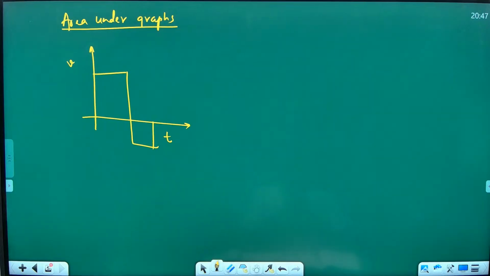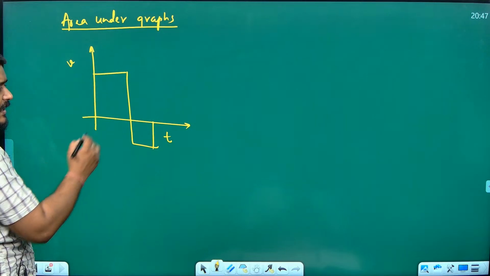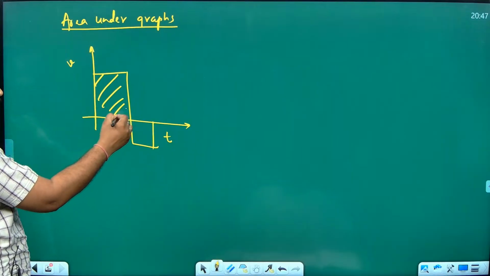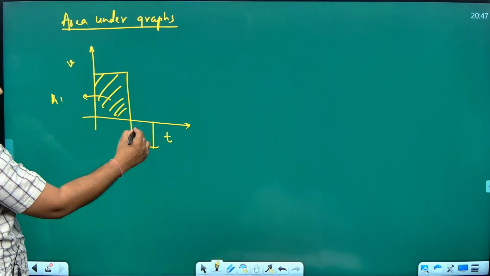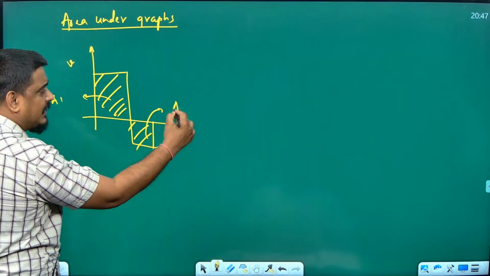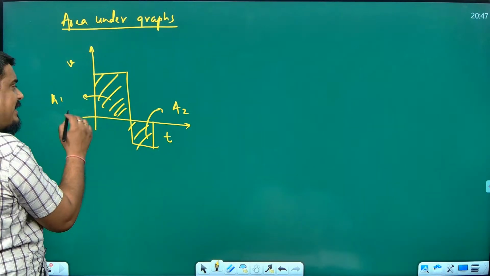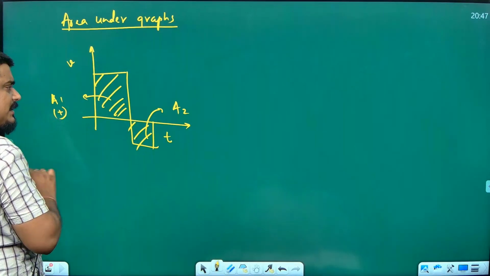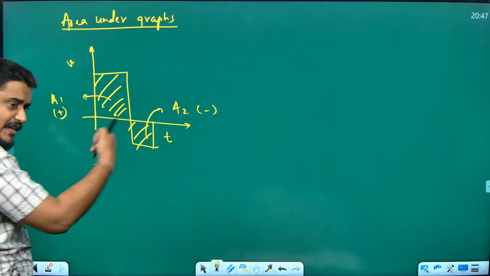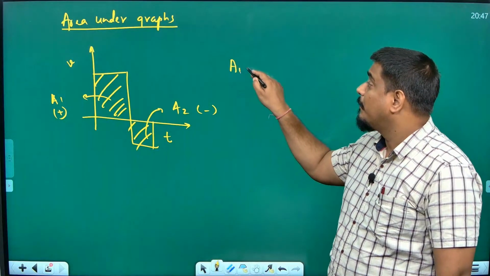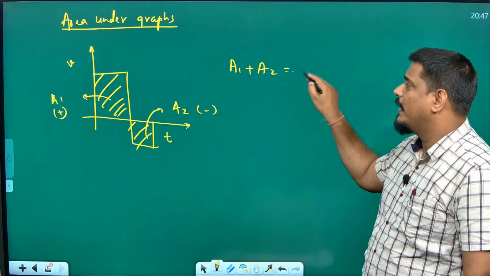In this case, if a graph comes like this, you will find the area. Suppose I find the area, and the area is A1, and I find this area is A2. Now area A1 is positive, isn't it? And A2 is actually negative because it is on the negative side. If you add A1 plus A2, you get distance covered.